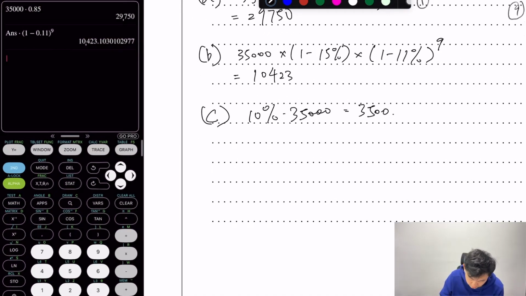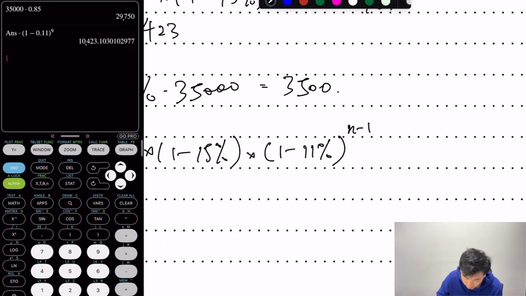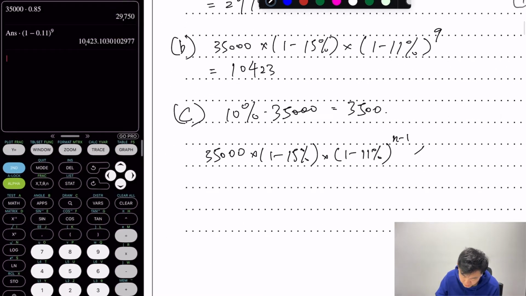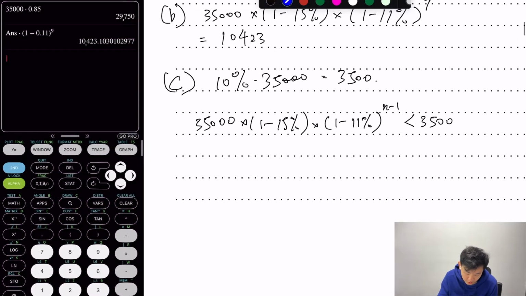So that means 35000 times the 1 minus the 15%, and then times the 1 minus the 11% to the power of n minus 1, right? It has to be less than 3,500, okay?